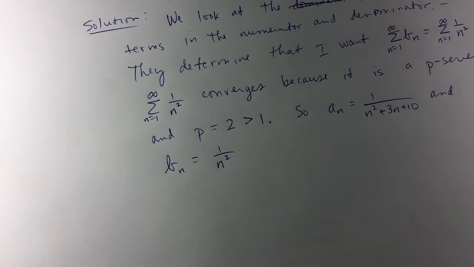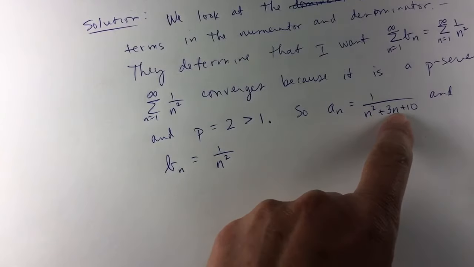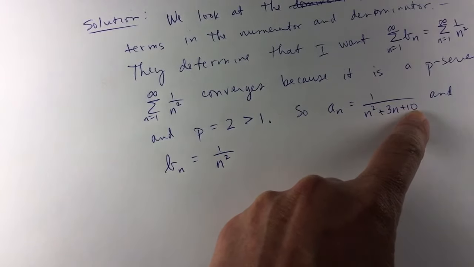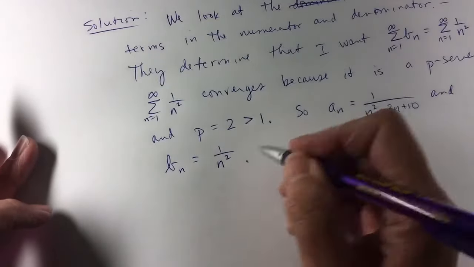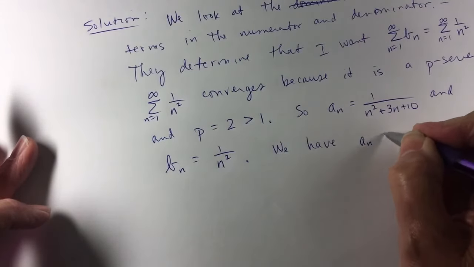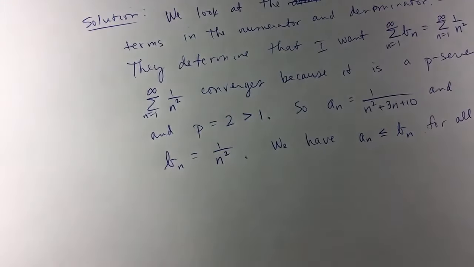B sub n is bigger than A sub n, because if you look at the denominator of A sub n, I'm adding some terms in the denominator, the numerator staying the same. So as n is 1 or 2 or 3 or whatever, we have that A sub n is less than or equal to B sub n for all n. And if it's for n eventually, that's okay.